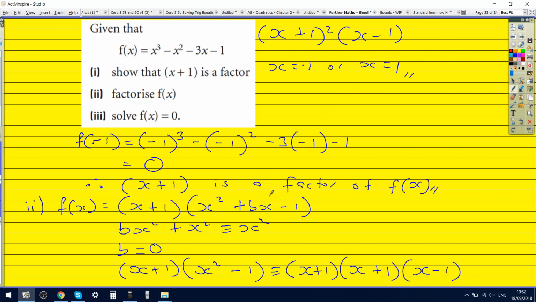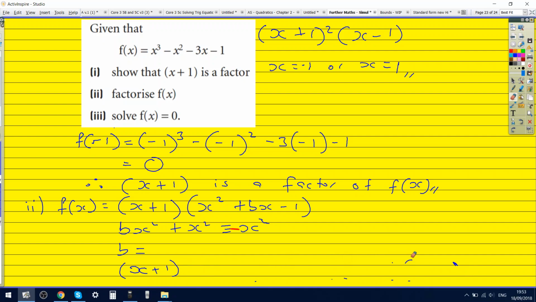It's because it's not identical to x squared, it's identical to minus x squared. So what is b? You get to minus x squared. Would it be minus 2 here? Yeah, b is minus 2.